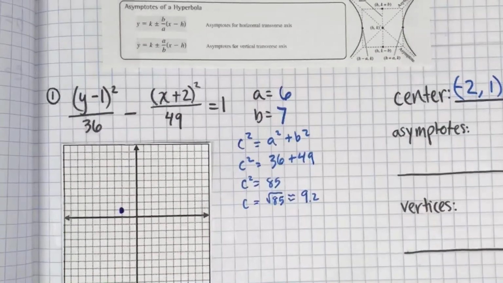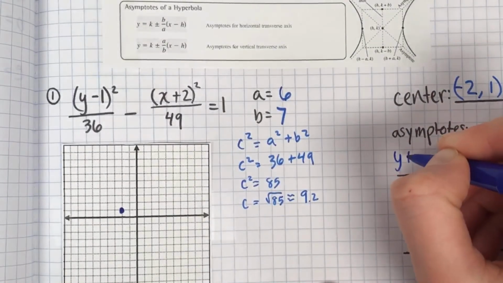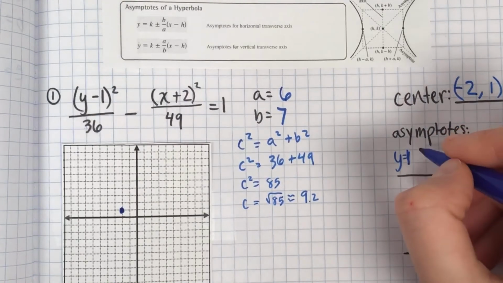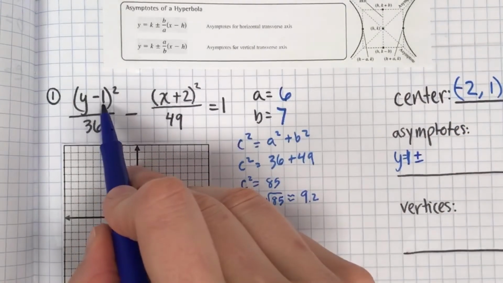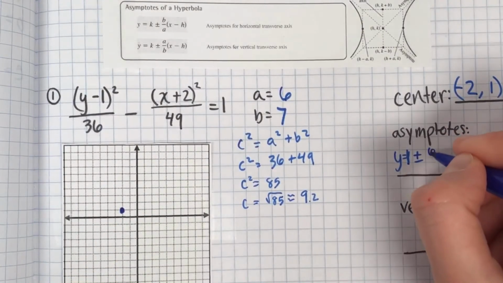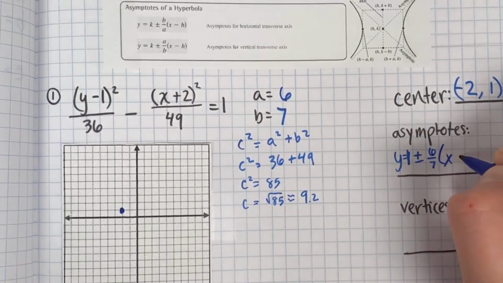All right, to find our asymptotes, here we've got y equals 1. That is my k value, plus or minus 6 over 7 times x plus 2.